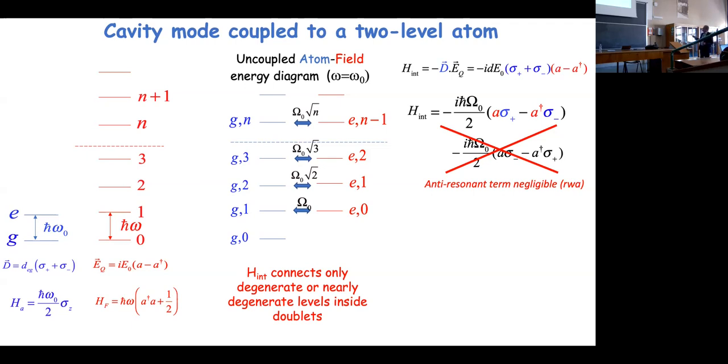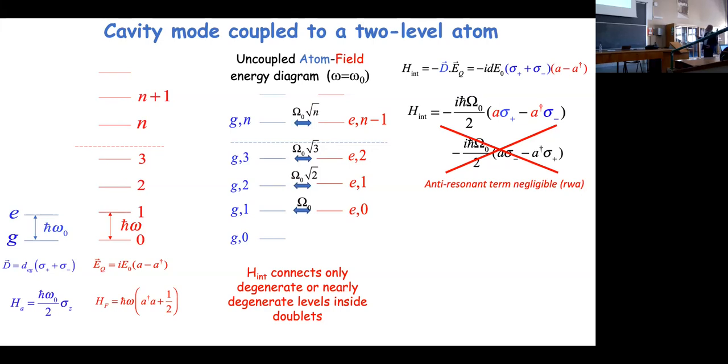sigma plus plus sigma minus here, which describes the dipole of the spin. I remind you that sigma plus and sigma minus are off diagonal. So sigma plus plus sigma minus is an off-diagonal operator which describes the dipole of the atomic system, and you multiply this by the electric field.